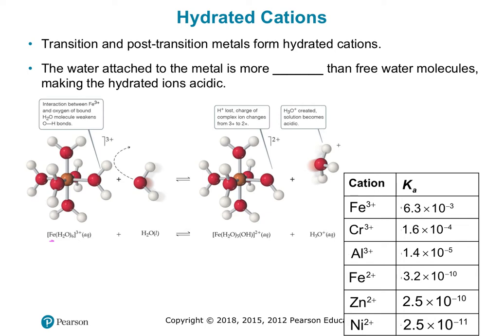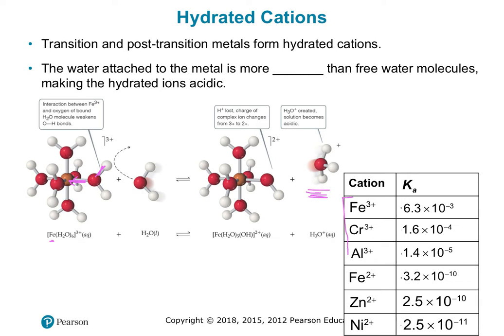But because this metal is so positively charged, it starts to pull pretty strongly on the oxygen from the hydrated water, which makes the bond between the oxygen and hydrogen in water weaker, and sometimes weak enough that surrounding waters that aren't part of the hydrated complex can come and pick up a hydrogen and become hydronium.